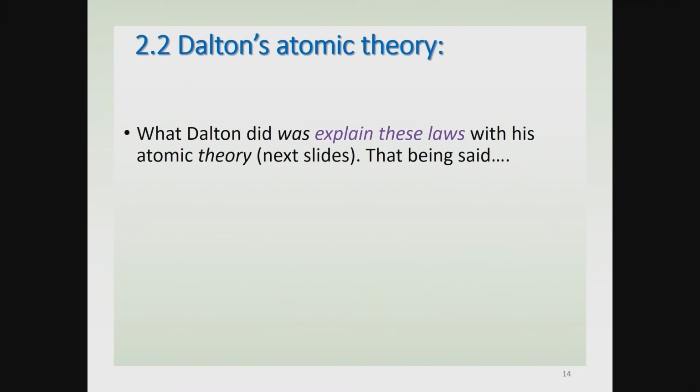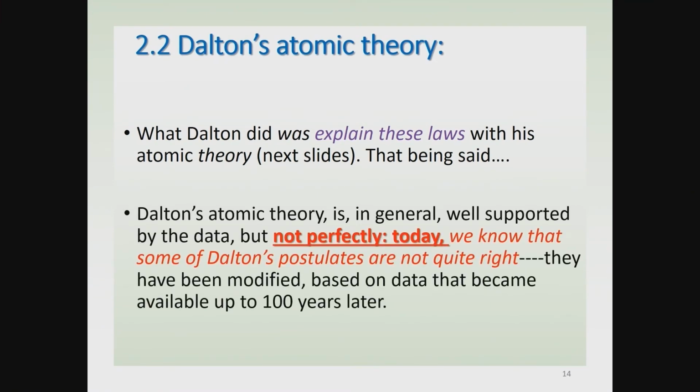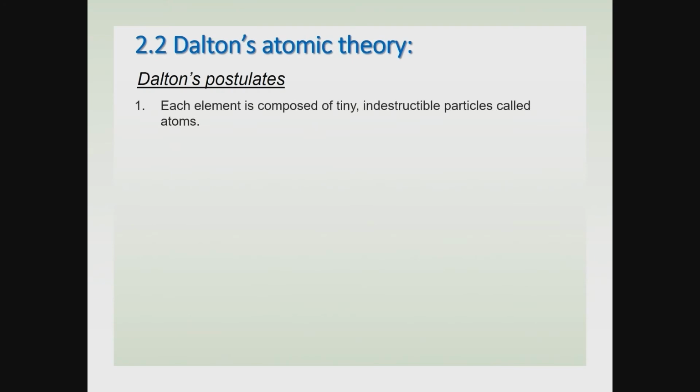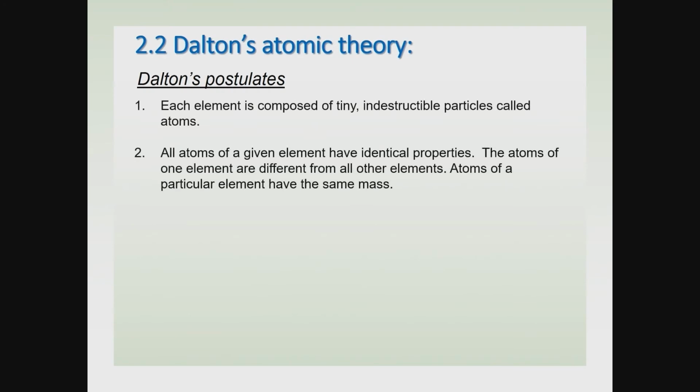One thing to mention when I go over the 4 postulates of Dalton is that we will find not all of them are exactly correct. And I will point out later which ones are a little bit off. So let me go over these postulates. The first postulate of Dalton was that each element is comprised of tiny indestructible particles called atoms.